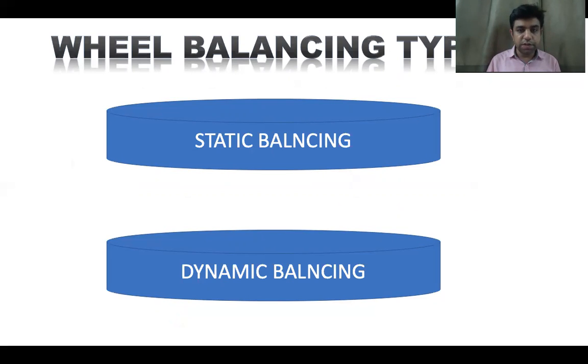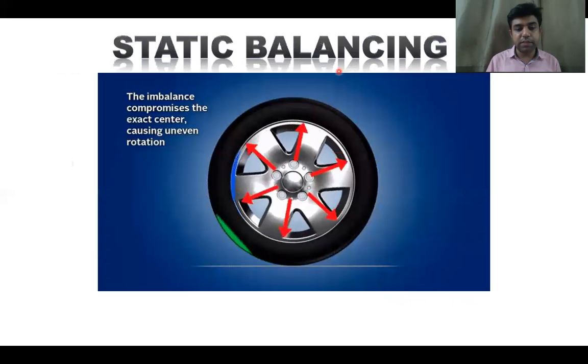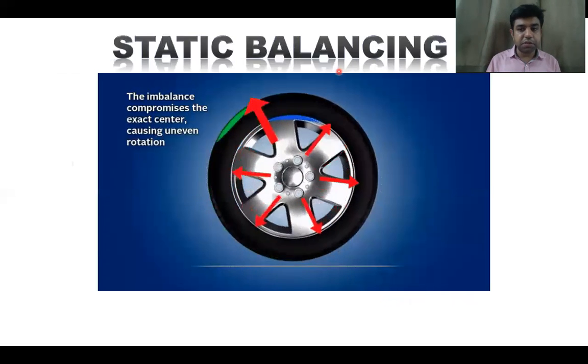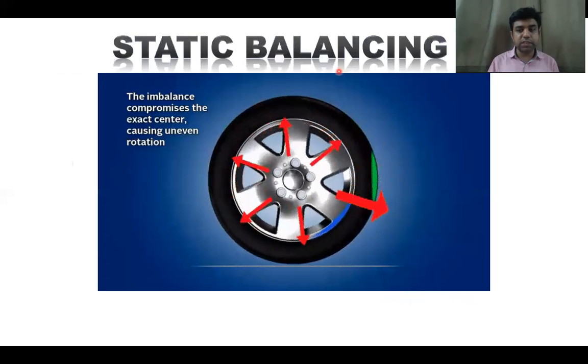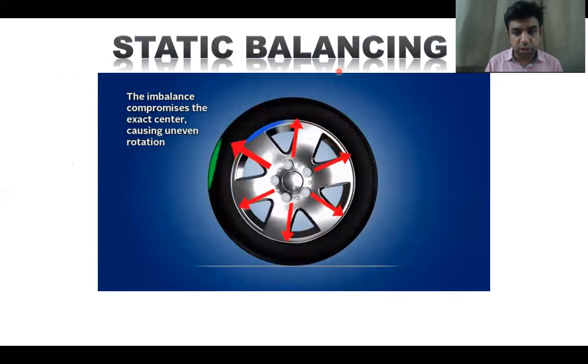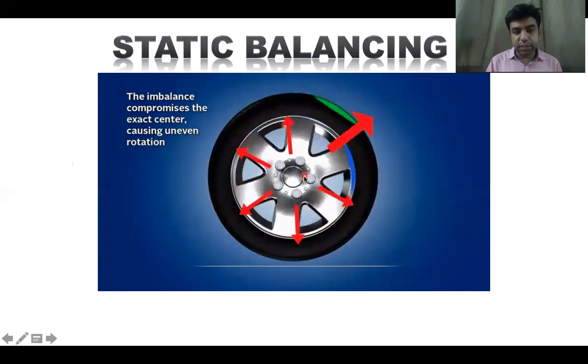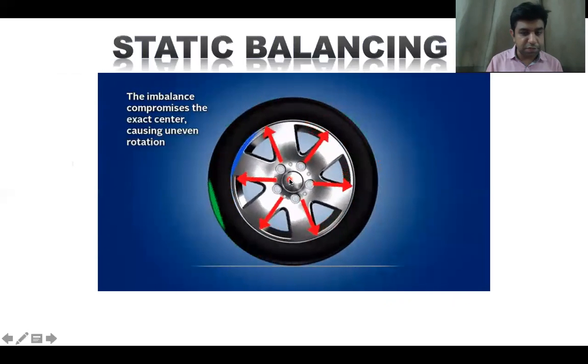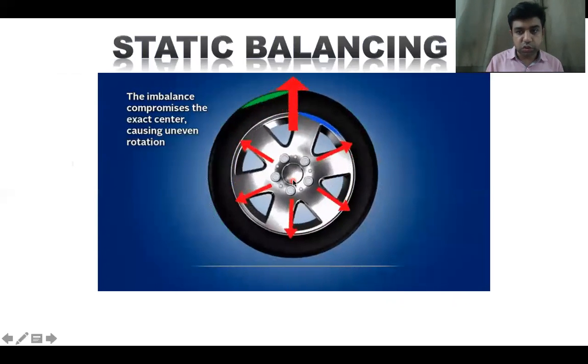First of all, we need to understand its types. We have two different types of balancing: static balancing and dynamic balancing. Now let's begin with static balancing. It is very easy to understand. Static balancing is said when the axis of rotation is not changing.